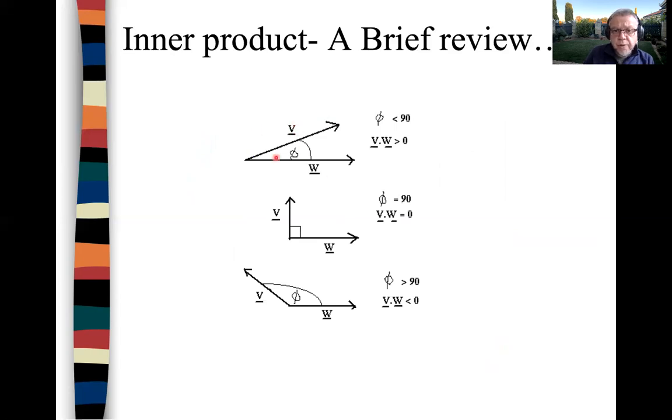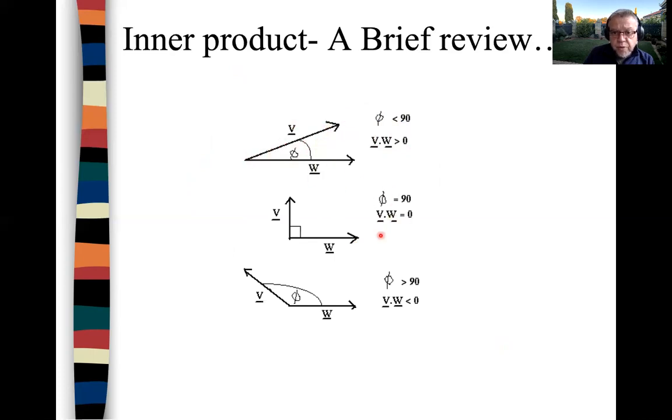An important property of the inner product is to measure the similarity between two vectors. If your dot product is greater than 0, that means the angle between the two vectors v and w is less than 90 degrees, so they are close to each other, okay?